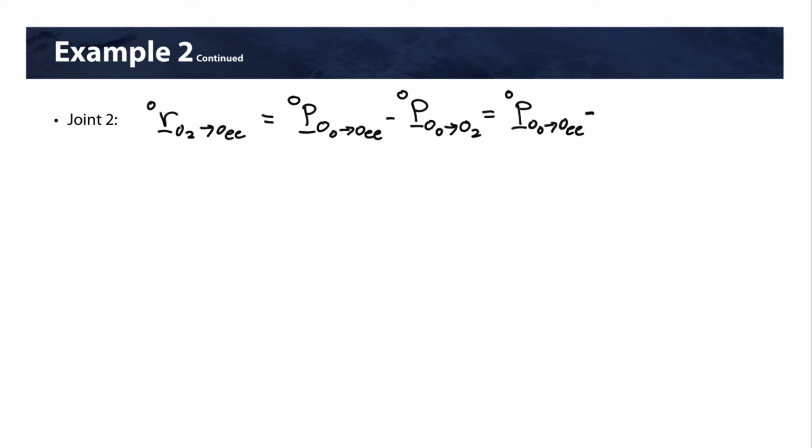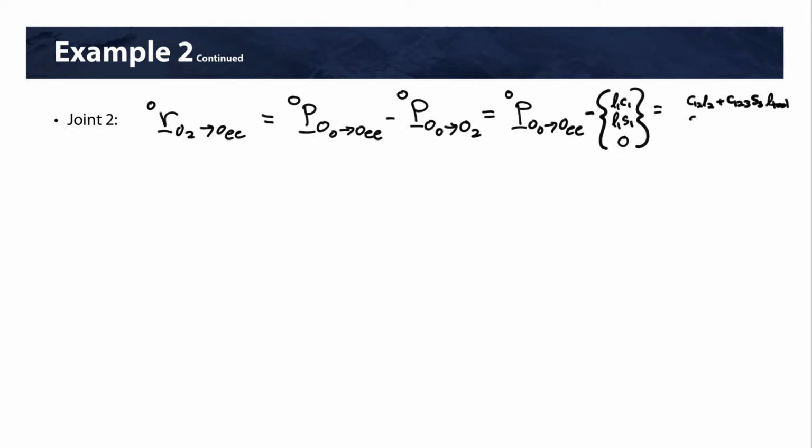So this is going to be minus L1C1, L1S1, and 0. So we subtract that. And we're going to get C12 L2, just to be consistent, plus C123 S5 L2.